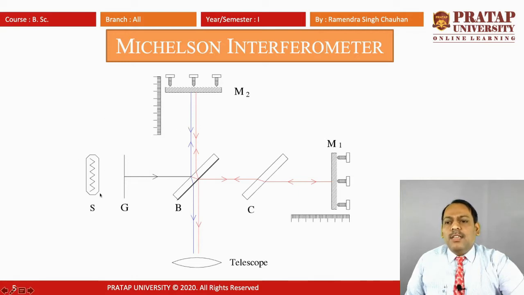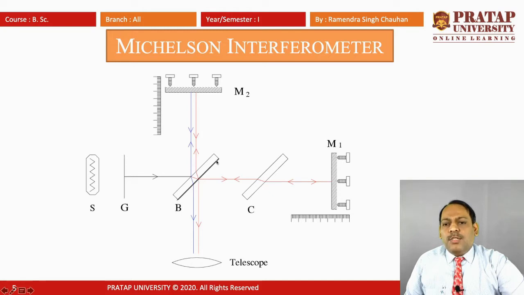Here we can see this is the light source, this is some glass plate, or we generally use a lens G here, a convex lens, and at the focus of this lens the source of light is there, and this is the monochromatic light source S. Now there is a plate B which is the beam splitter plate.